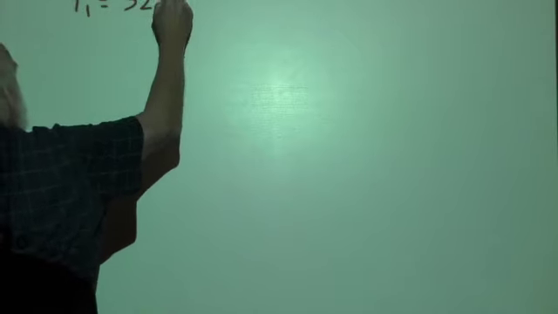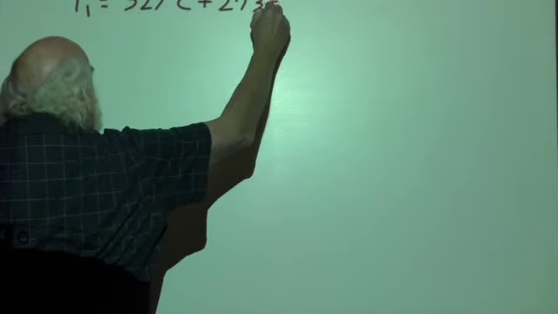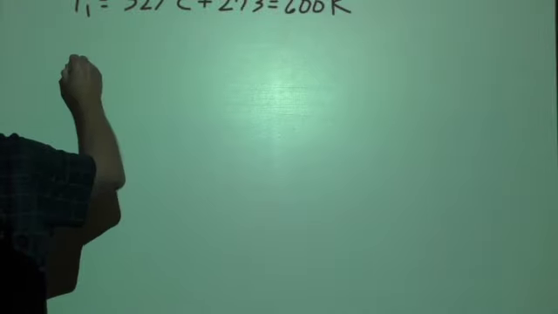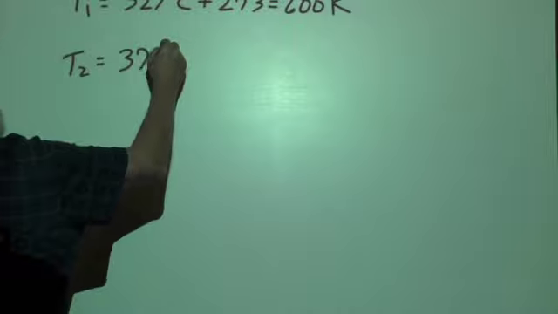So the first temperature we said is 327 degrees Celsius. We're going to add 273 because we have to change that to Kelvin. That's 600 K. Don't put a degree symbol for Kelvin, it's just K. The second temperature was 377 degrees Celsius.